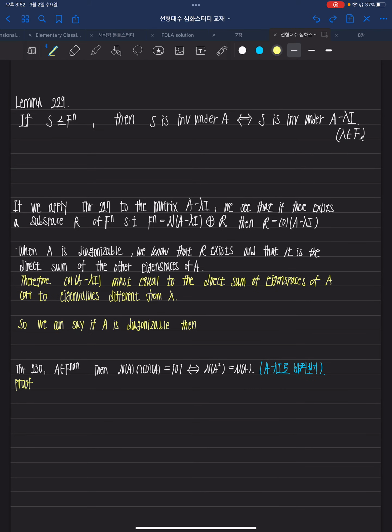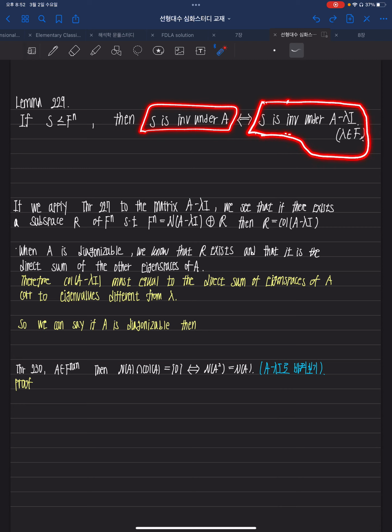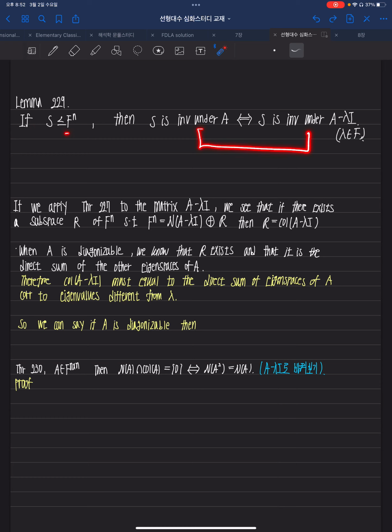Lemma 2.29. If S is a subspace of Fn, then S is invariant under A if and only if S is invariant under A minus lambda I. If S is a subspace of Fn, then these two statements are equivalent.